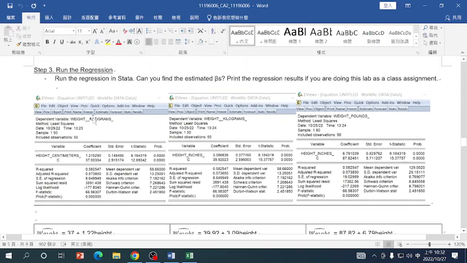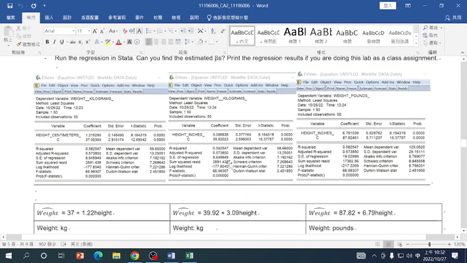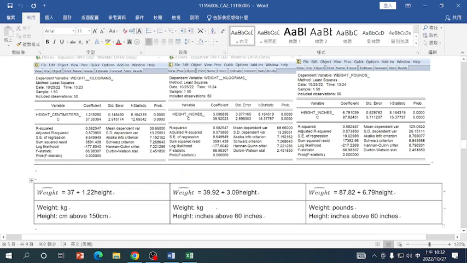And we ran the regression. The weight in kg and cm, we ran the regression in kg and cm, and then weight in pounds and height in inches, and then we compared kg and inches.